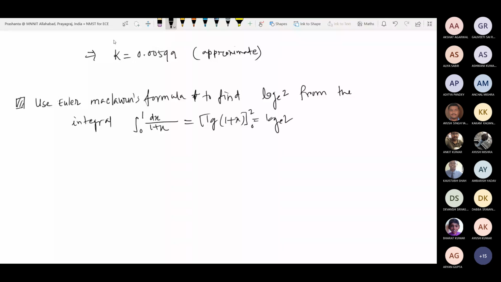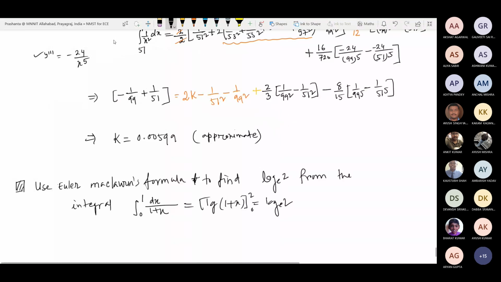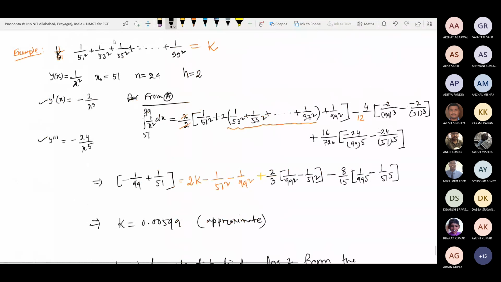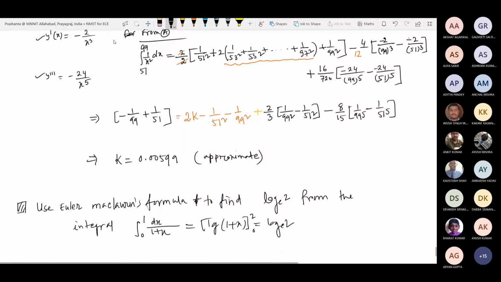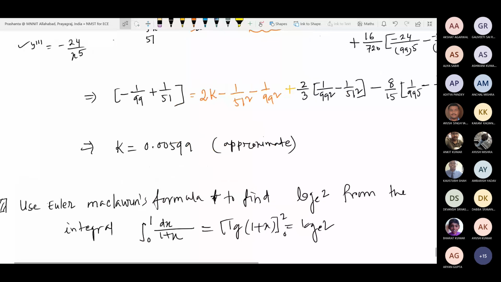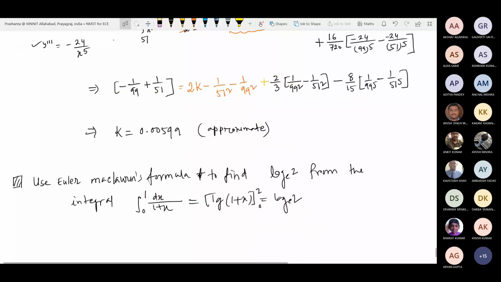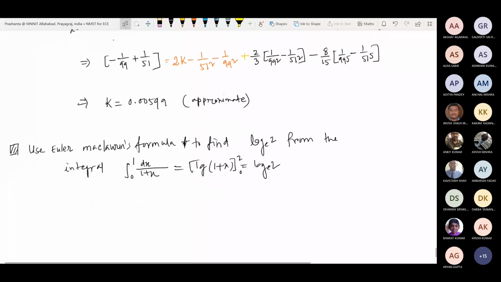Here it is already mentioned, Euler-Maclaurin's formula. Euler-Maclaurin's formula has the trapezoidal part, so you do not have to worry about the number of data points. You decide how many data points you want to create from 0 to 1. Tell me.